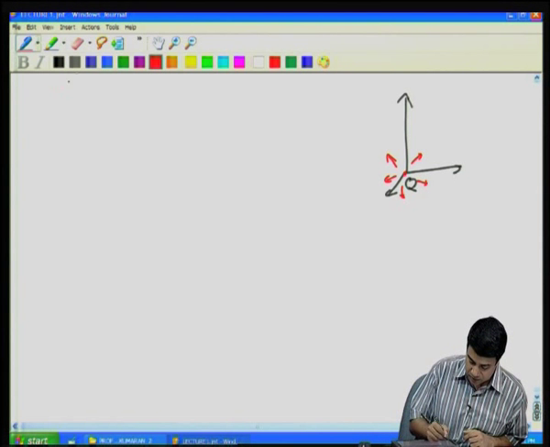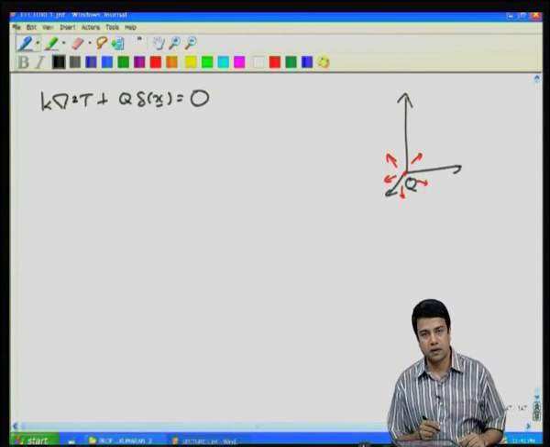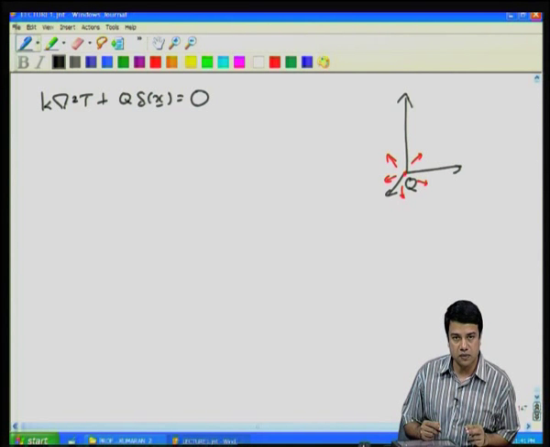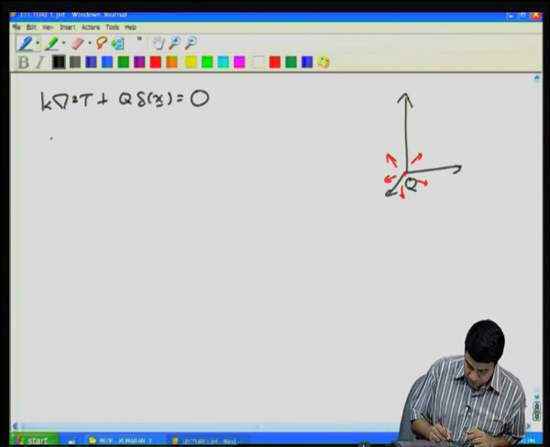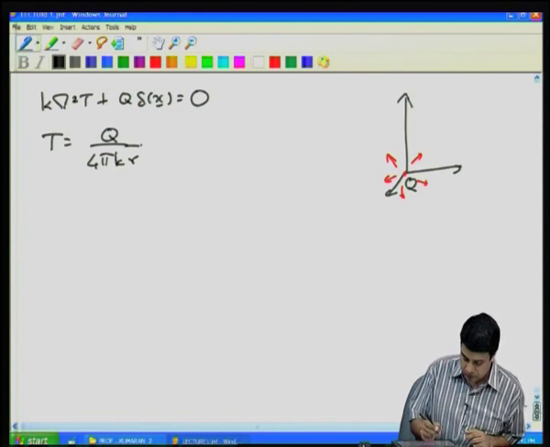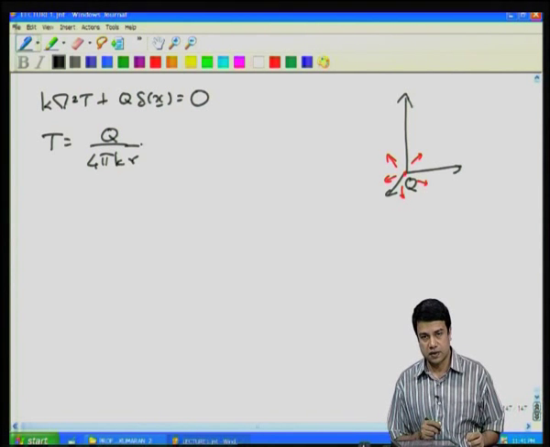We had solved the equation k del squared T plus Q delta of x is equal to 0. The inhomogeneous term is a point source of heat located at the origin. For that, the solution was the temperature is equal to Q by 4 pi k r, where r was the distance from the origin.